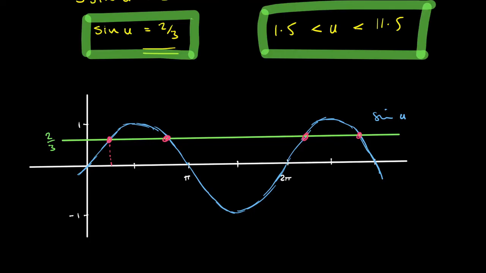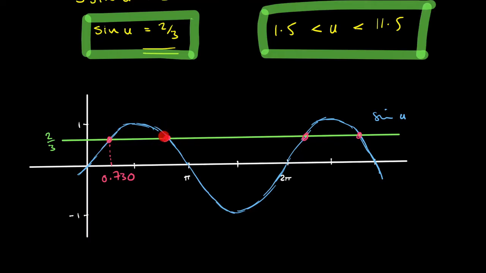I just want to quickly double check what they asked for in terms of significant figures. Okay, so 2 dp or 3 significant figures. So this value here is 0.730 to 3 significant figures. So we've got that value there.